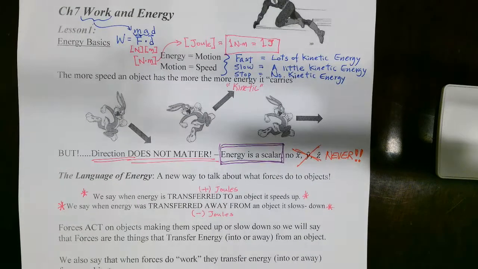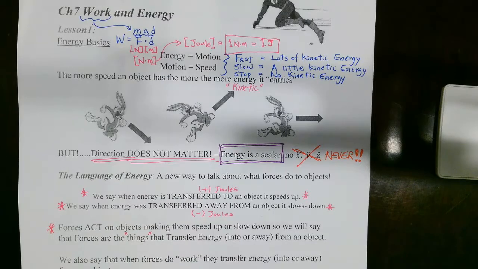So forces act on objects, making them speed up or slow down. So we will say that forces are the things that transfer energy into or away from an object.